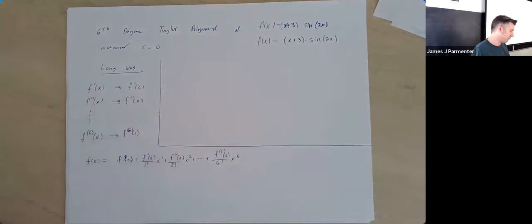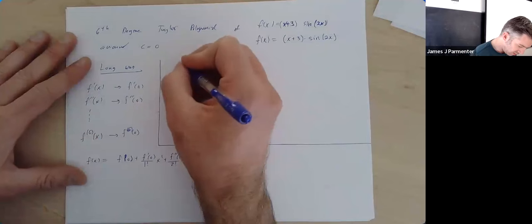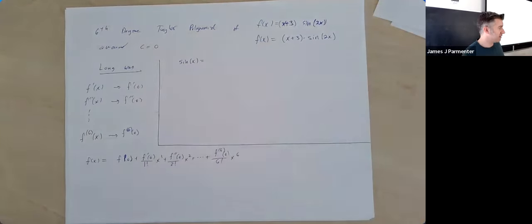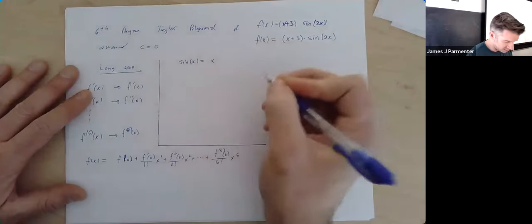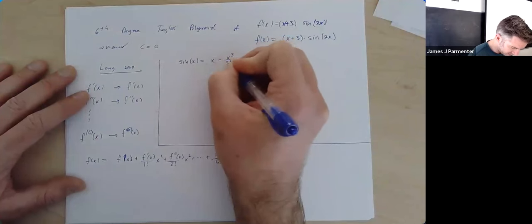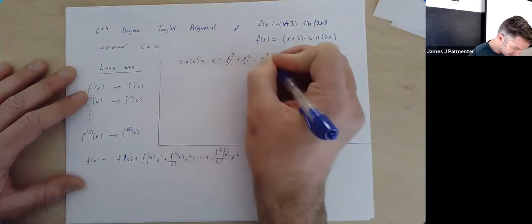I think on the front of this test, he gives you the expansions for sine, cosine, e to the x, and 1 plus x to the k. So there's certainly an expectation, if not just a straight up, he's giving it to you, that you know that sine of x is, I always like to think of it as all the odd powers, because it is. It's going to be x to the first over 1 factorial minus x to the third over 3 factorial plus x to the fifth over 5 factorial minus x to the 7th over 7 factorial.